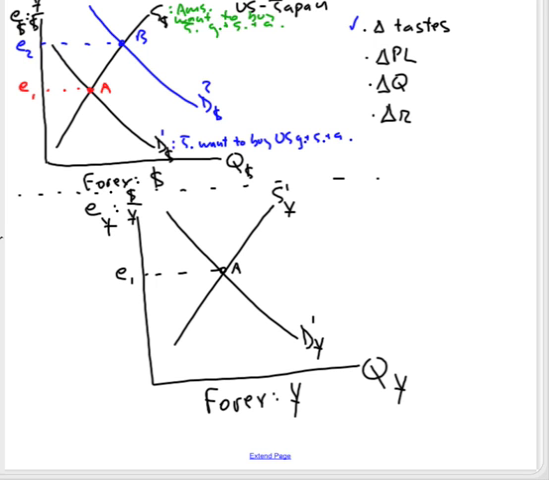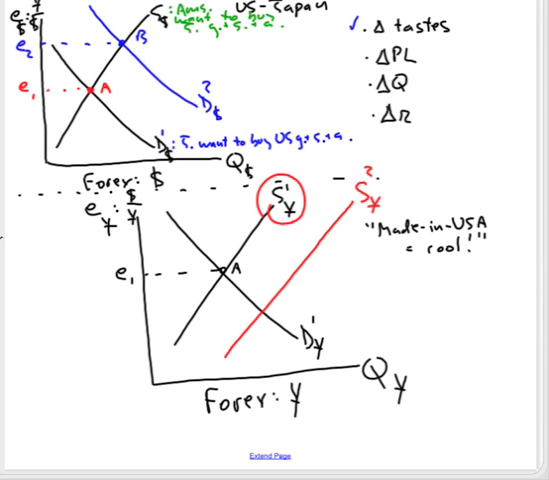Now, what does it mean to say, what if there's a change in taste in favor of American-made things? Well, now what's shifting in the market for yen is the supply. Because if more Japanese people want to buy American goods, then more Japanese people will supply yen in the foreign exchange market, producing a new supply curve for yen.